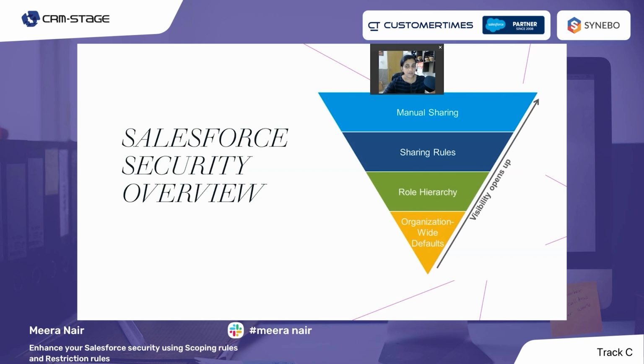Other option is manual sharing, where you can select a particular record and share that with other users. There is Apex managed sharing also, where if the sharing criteria is very complex and you will not be able to achieve that using sharing rules, you can have that logic built in your Apex trigger or Apex code. Then you can build the sharing logic.